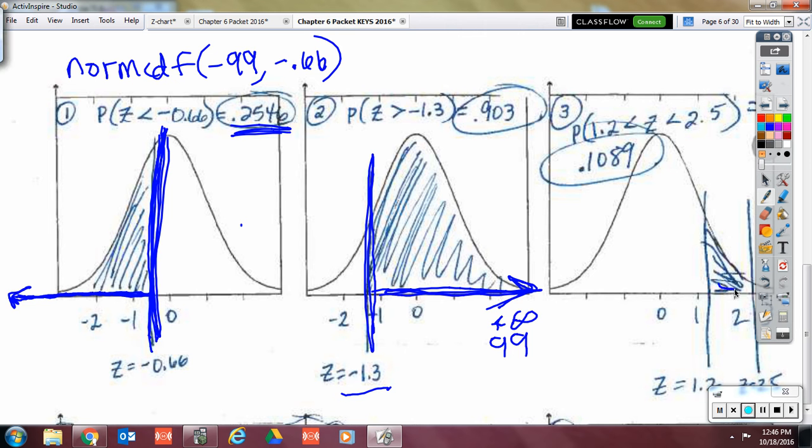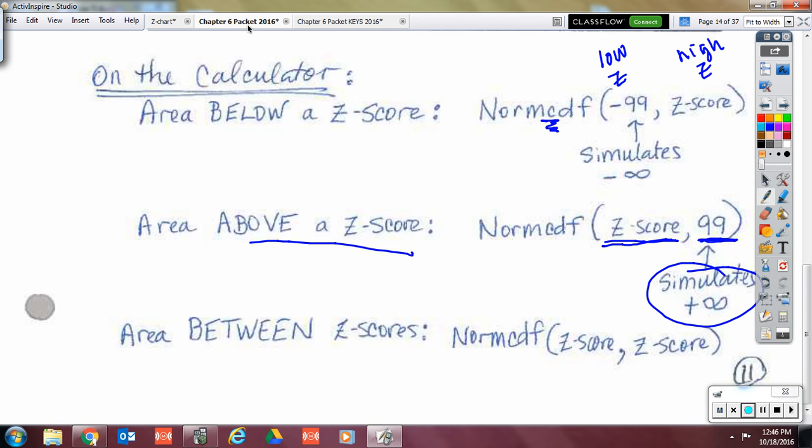How about on this? When you are finding the area between 2 points, isn't it a pain? What do you have to do to find that area in between 2 points on your chart? Yeah, you have to find the area below the upper one and subtract off the area below the lower z-score. Well, now you just put in the low z-score and the upper z-score, and voila, it'll compute.